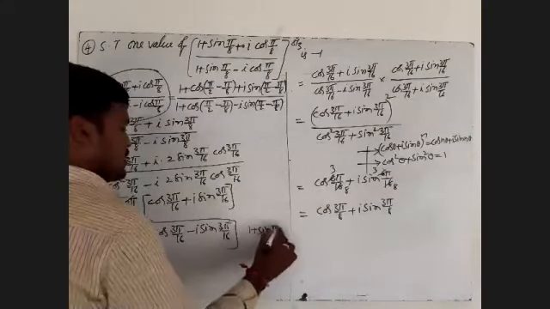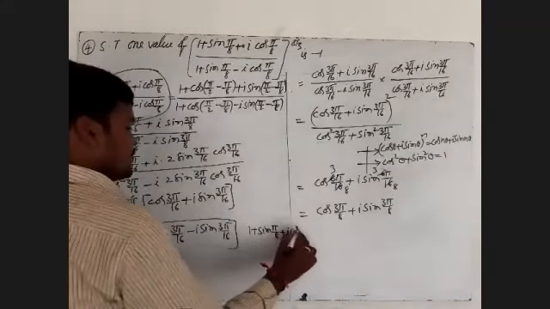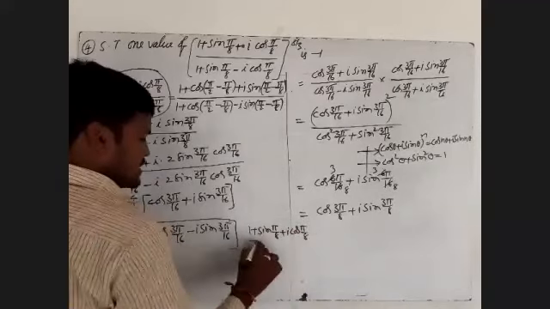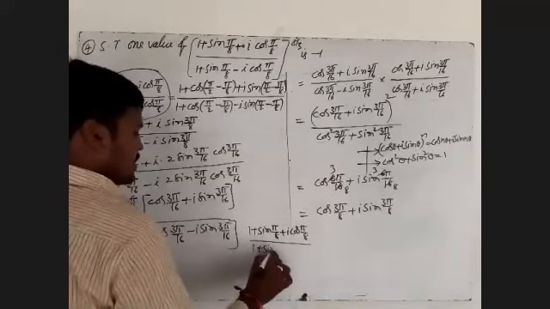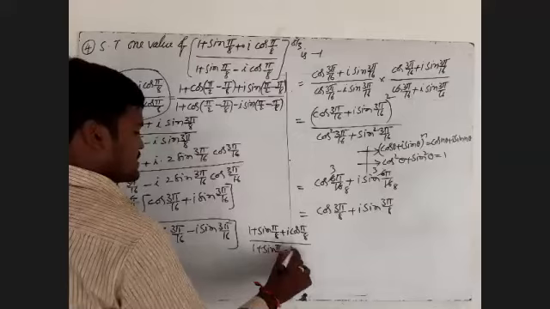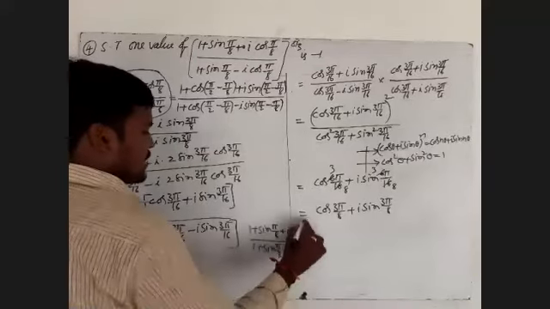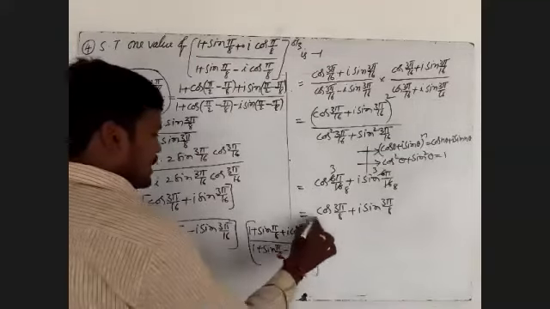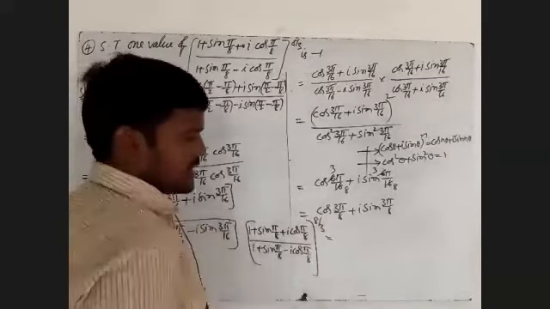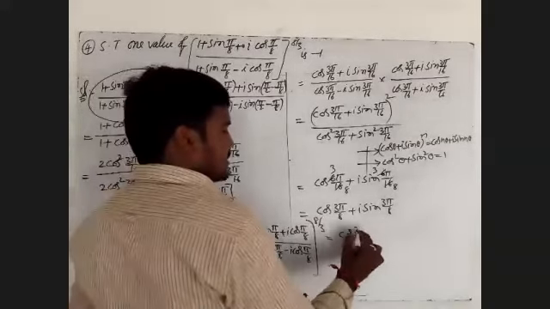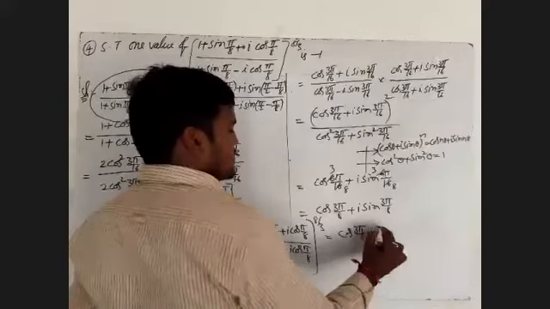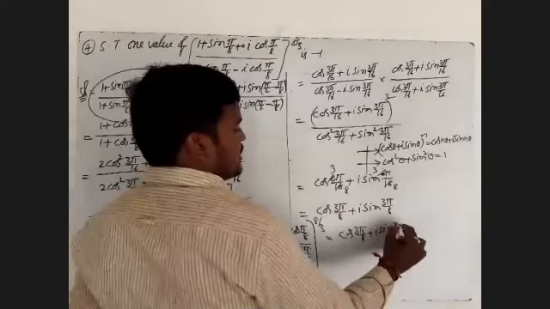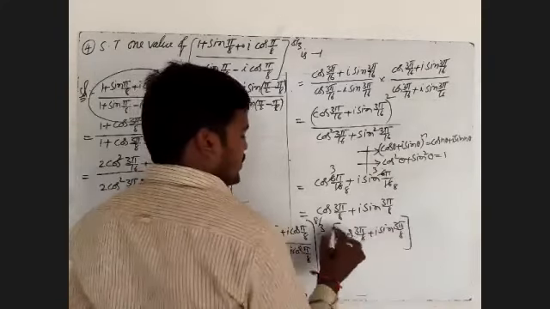(1 plus sin pi by 8 plus i cos pi by 8) by (1 plus sin pi by 8 minus i cos pi by 8), whole power 8 by 3, is equal to, here we will write (cos 3 pi by 8 plus i sin 3 pi by 8) whole power 8 by 3.